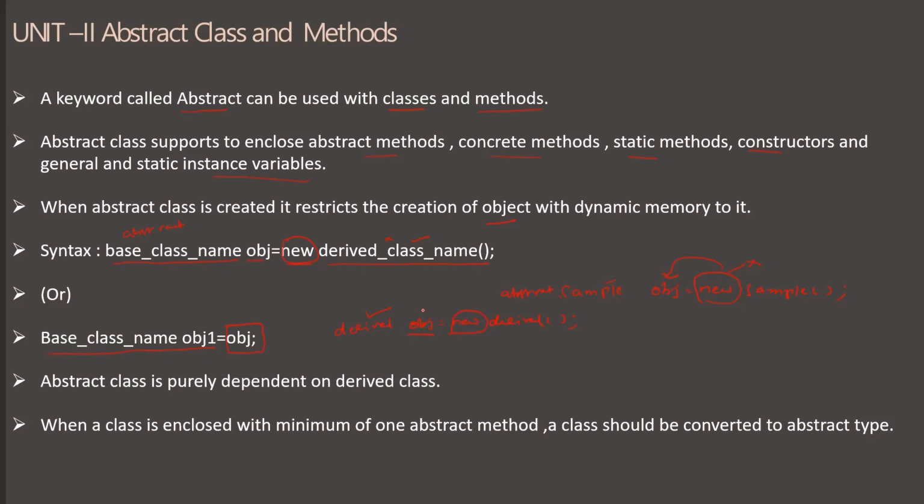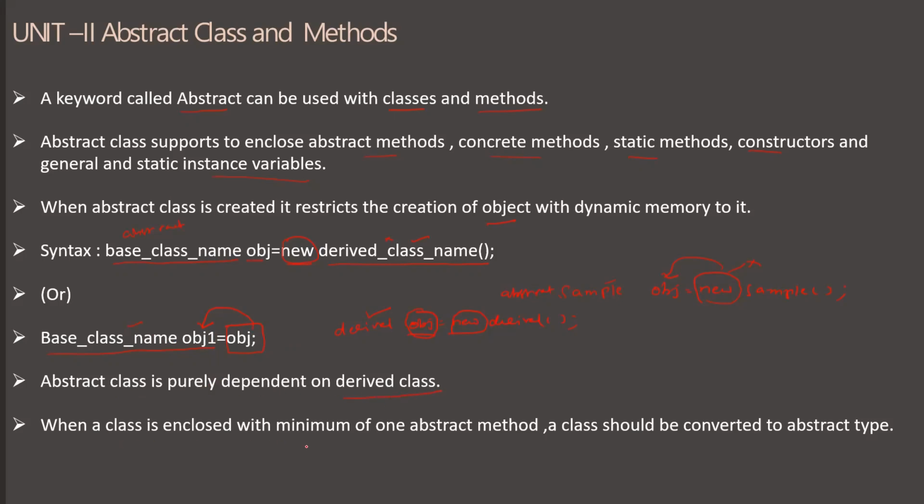Whatever object I have created with the derived class, I'm referring to it as the object of the abstract class. It's nothing but sharing the memory of the derived class object with the abstract class object. So the abstract class is purely dependent on the derived class.